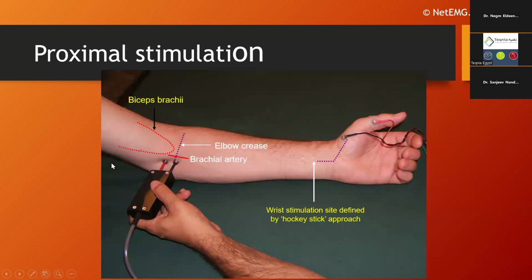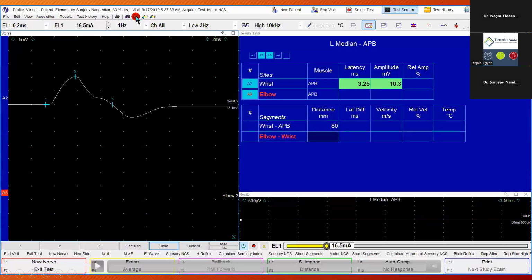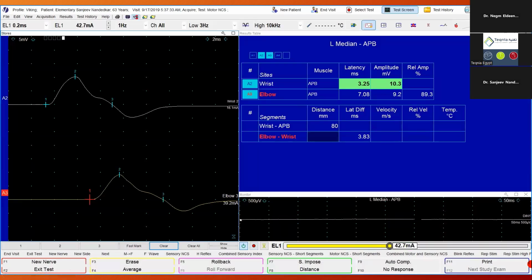Now we stimulate the nerve proximally over here. Same principle. Let's increase the intensity and stimulate. Here is the response. We increase the intensity to get maximum response.